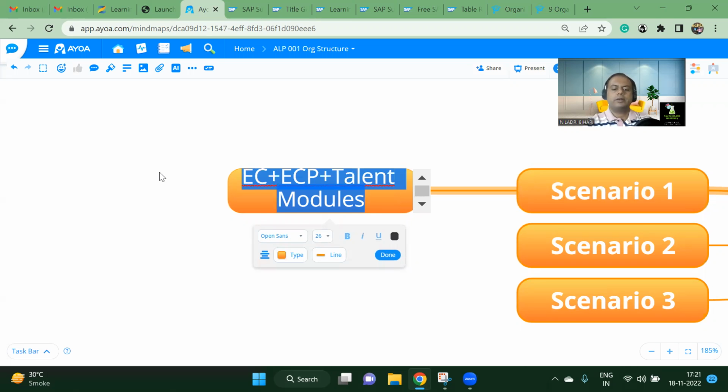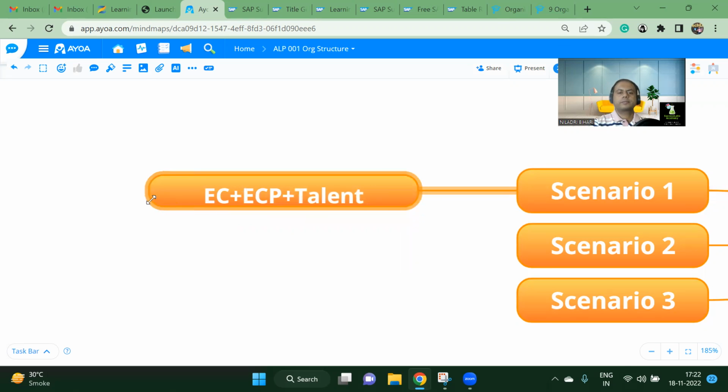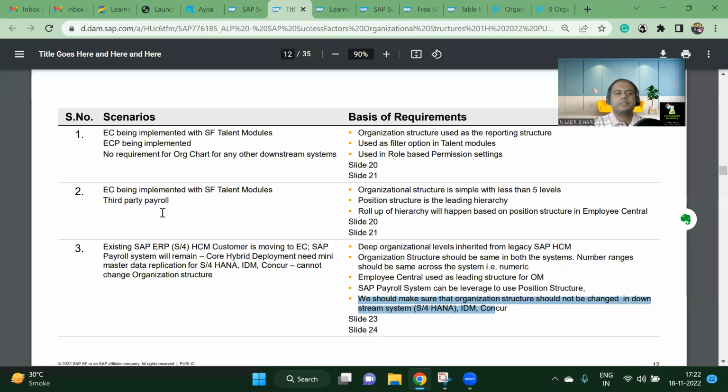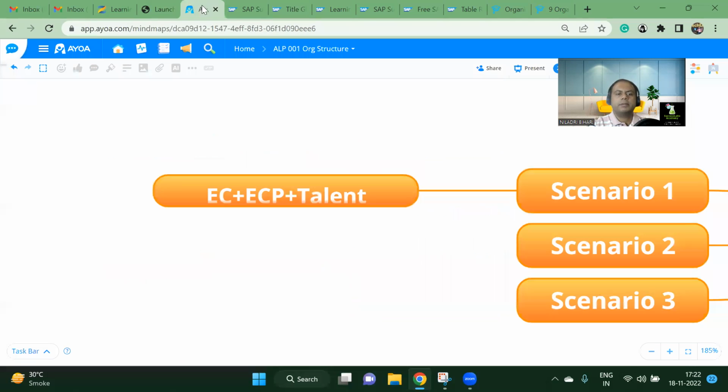So we have a standard for all these things. Then EC, ECP, talent modules, that is the first scenario. The second one is EC plus talent, but with a third-party payroll.